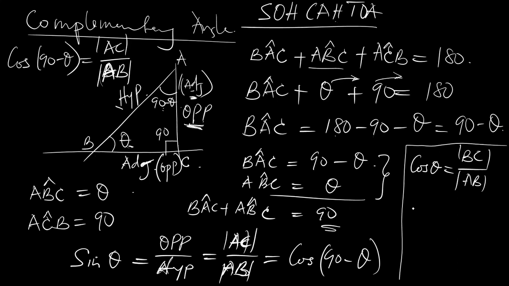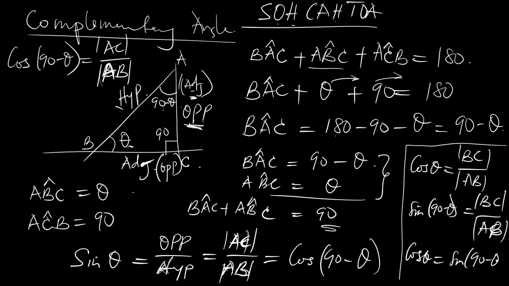So now, if you look at sine 90 minus theta, you know it is opposite all over hypotenuse. The opposite of this angle is this, which is BC all over AB. So now, if you check thoroughly, you see that cos theta is equal to sine 90 minus theta.